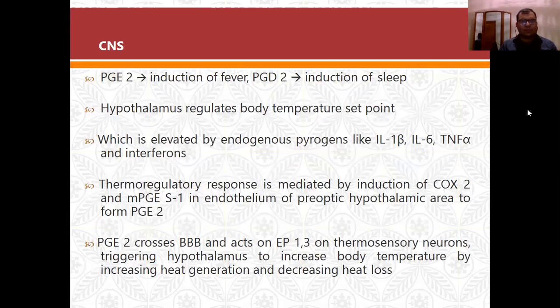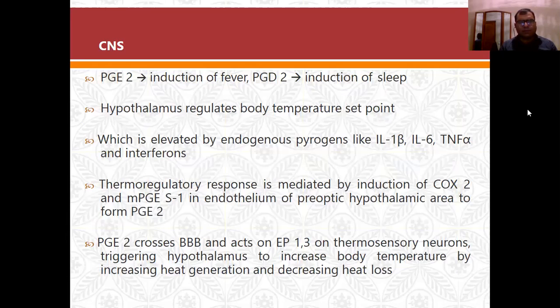CNS. Prostaglandin E2 induces fever, prostaglandin D2 induces sleep. The hypothalamus regulates the body temperature set point, which is elevated by endogenous pyrogens like interleukin 1B, IL-6, TNFA, and interferons.